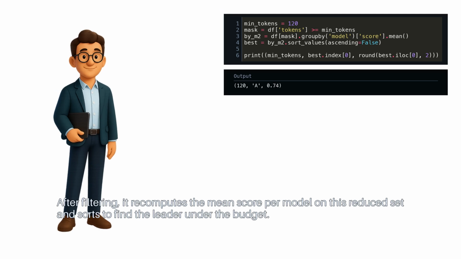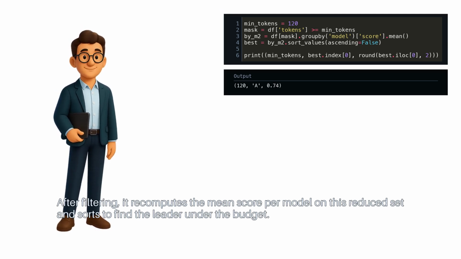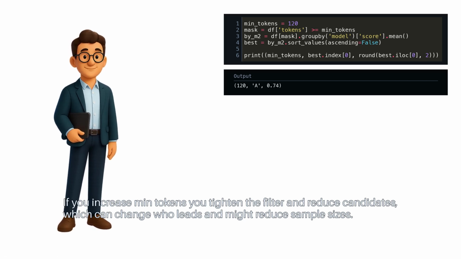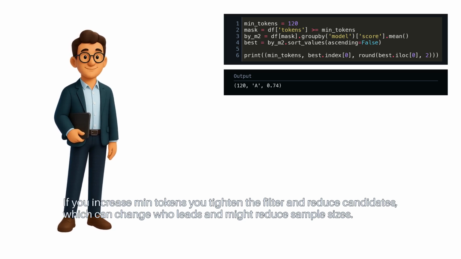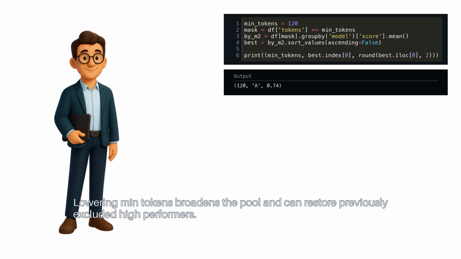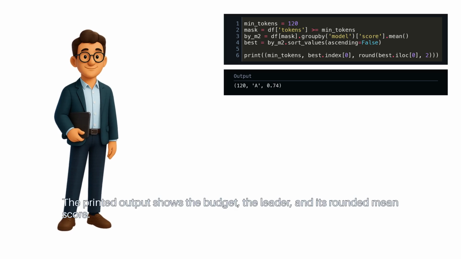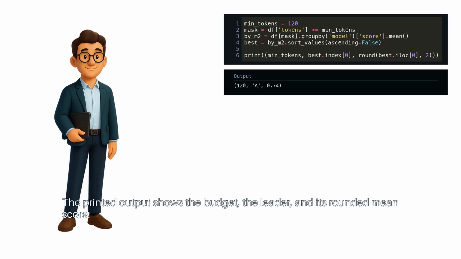After filtering, it recomputes the mean score per model on this reduced set and sorts to find a leader under the budget. If you increase min_tokens, you tighten the filter and reduce candidates, which can change who leads and might reduce sample sizes. Lowering min_tokens broadens the pool and can restore previously excluded high performers. The printed output shows the budget, the leader, and its rounded mean score.